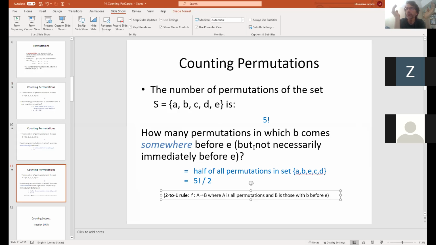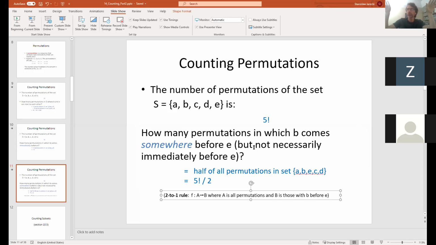And is there any reason to believe that the number of permutations where E comes before B and the number of permutations where B comes in front of E are different? It seems completely symmetric. Indeed, we can show the symmetry by a 2-to-1 rule between all permutations and permutations where B is in front of E. What's this 2-to-1 rule?